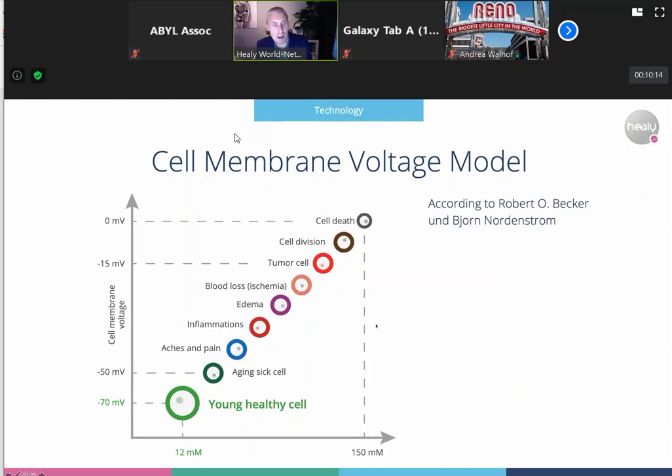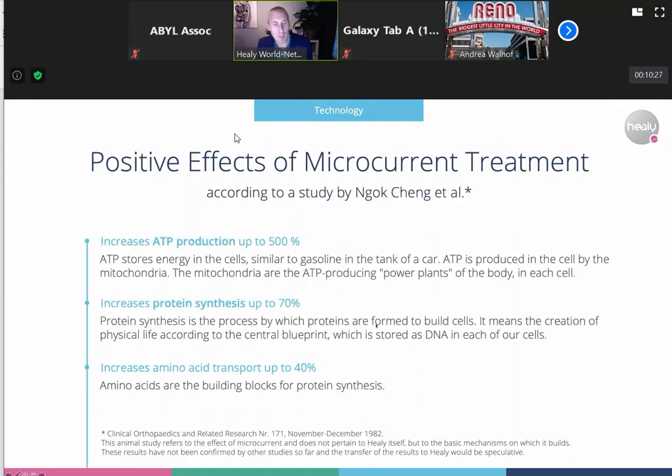So that's a huge progress, and it can help us to reverse the signs of aging and reverse signs of inflammation, for example. Because more nutrients are being absorbed in our cells, more amino acids, which are the building blocks for protein synthesis, are being transported into the cells, and more protein synthesis can be done.